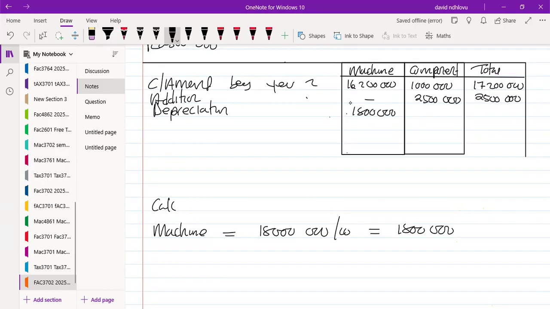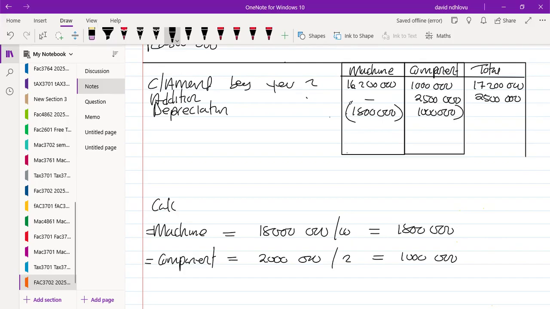Are we clear, good people? Yes. Right, then we go to the component. Now remember, up to the end of the year we're still having the old component, bought for 2 million, being depreciated by that. So it gives us 1 million. Nothing has changed, which means we're having 2.8 again here.